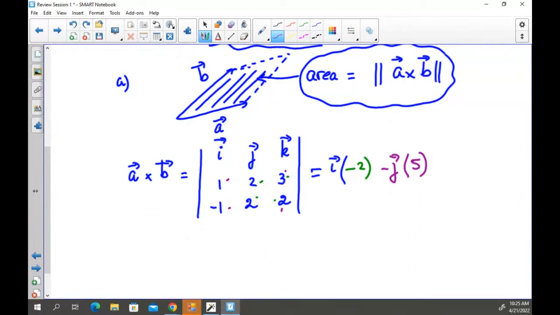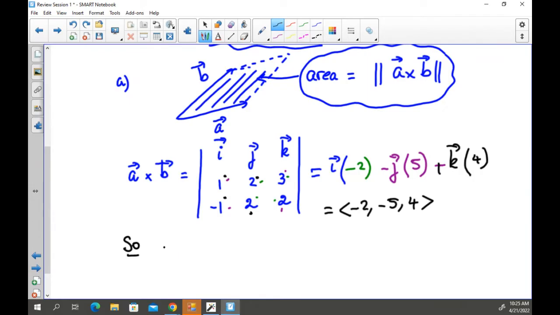And then plus k, and it's this times this, minus this times this, so it's going to be 4. So basically this vector is -2, -5, and 4.